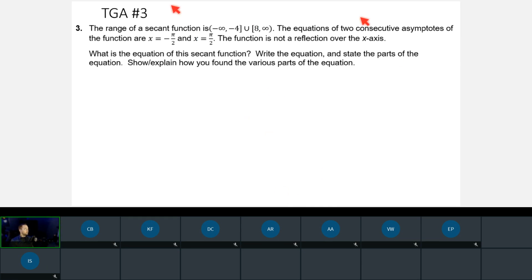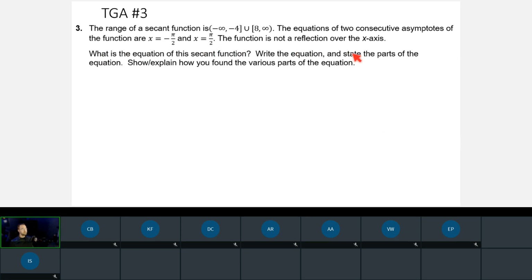All right, TGA number 3. This is probably the harder problem. This is why we had a bell work on it, and hopefully you saw that bell work in a previous lesson. I don't know which lesson it was. May have been the last one, or the one before that. This one says the range of a secant function is negative infinity to negative 4, then from 8 to infinity. The equations of two consecutive asymptotes of this function are x equals negative pi over 2 and x equals pi over 2.